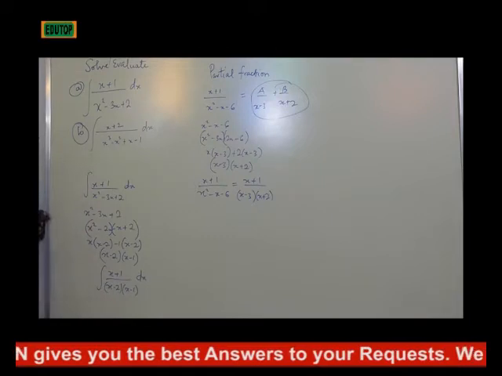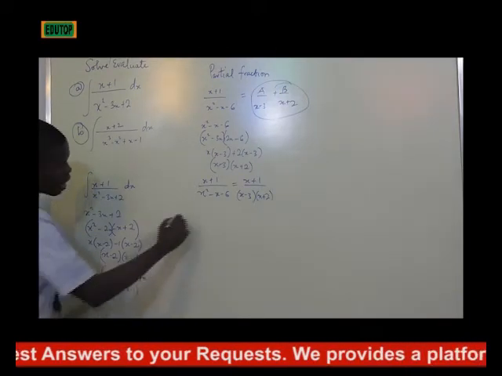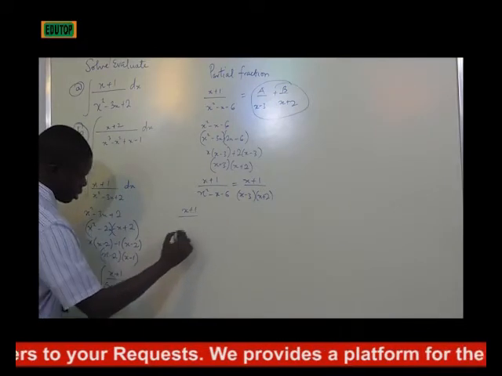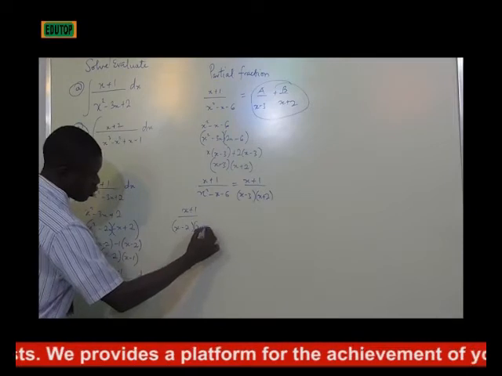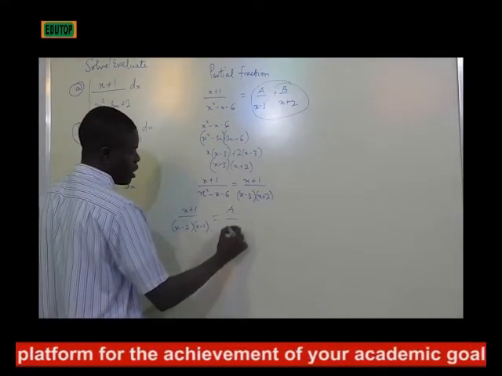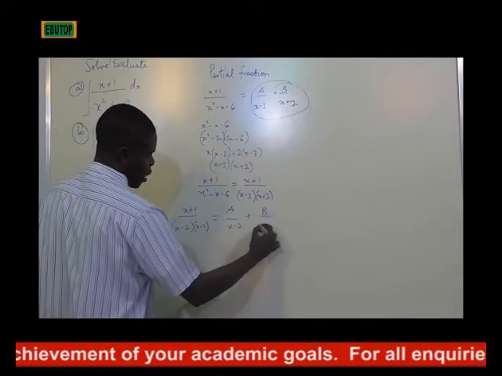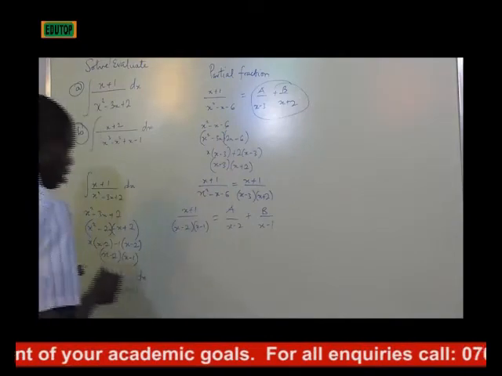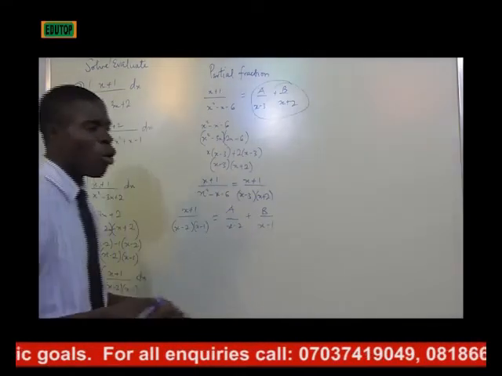So what is meant by partial fraction now is to resolve this into partial fractions. Then we'll have x plus 1 over x minus 2 into x minus 1 equal to a constant on the first linear, x minus 2, and another constant on another linear, x minus 1. That's partial fraction, where a and b are constants that are unknown.